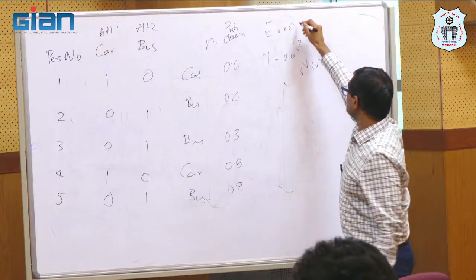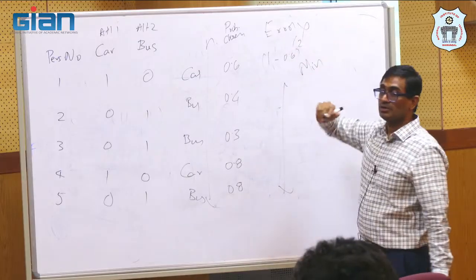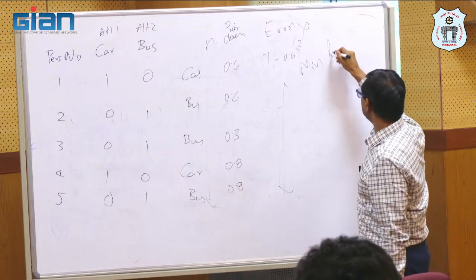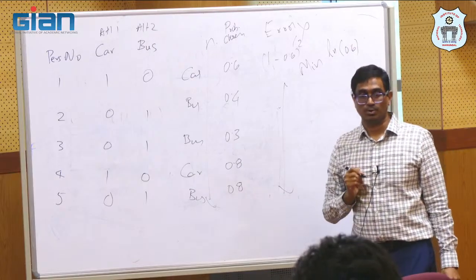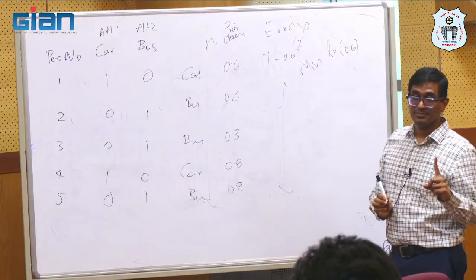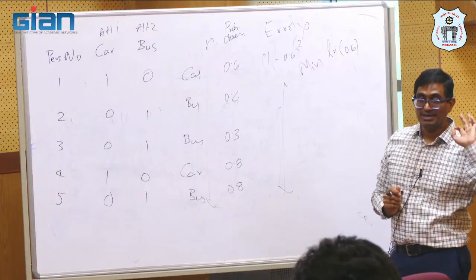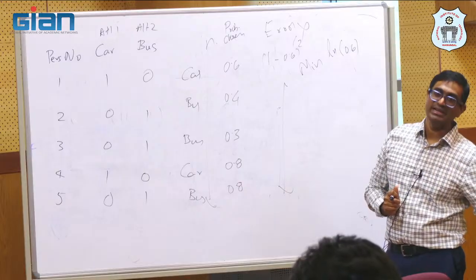So we don't use the square approach here. We actually take what is called the log likelihood. Okay, so what we do is I directly take ln of the predicted probability. So what will happen if I predict perfectly? ln 1 is 0. So I get no error if I predict perfectly. Anything less than 1 gives me a negative error.